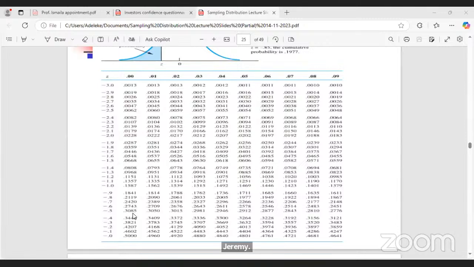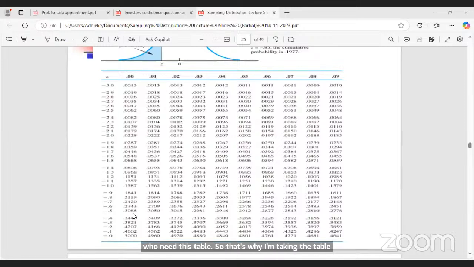Last week we stopped at estimation, and I joined the class a bit late. I wanted to know if you started today. Yes, for us to do the estimation, we need this table. So I couldn't go ahead because I needed to introduce you to the table, and then we will go back to estimation. Because when we are computing the margin of error, we will need this table. So that's why I'm taking the table now.